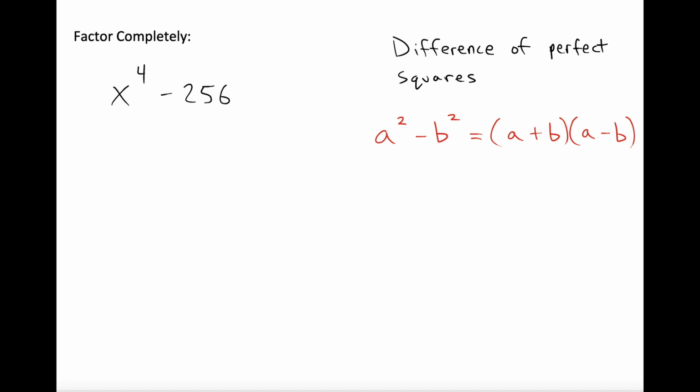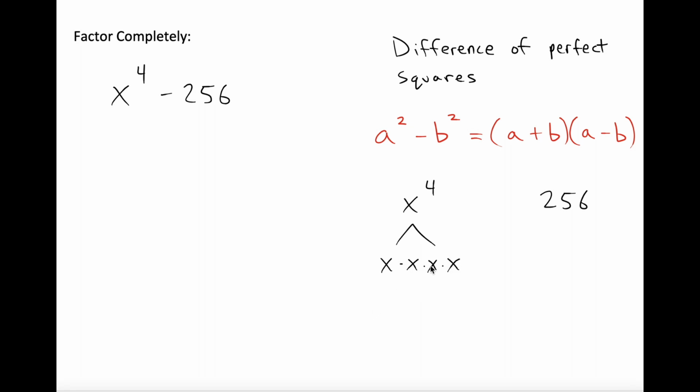Now, how do you know whether you have perfect squares or not? You could create a tree for the different elements here. I'm going to create a factor tree for x to the fourth and a factor tree for 256. So x to the fourth is made up of 4 x's being multiplied.